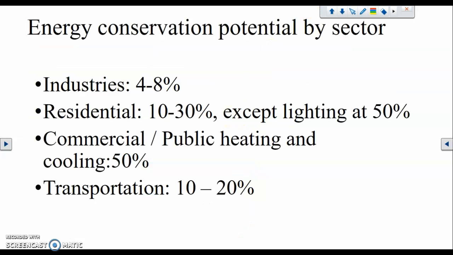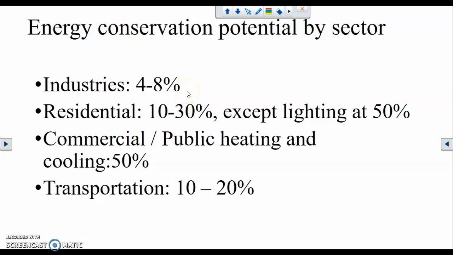Now, for the potential of energy conservation by sectors, we were talking about industries, plants that manufacture, let's say, steel products or anything like that. The potential to save energy in industries is quite low, right?